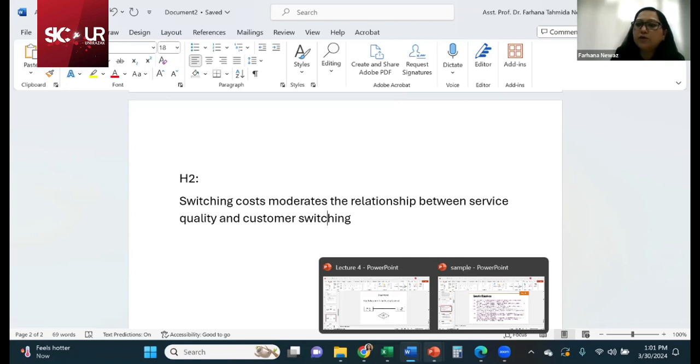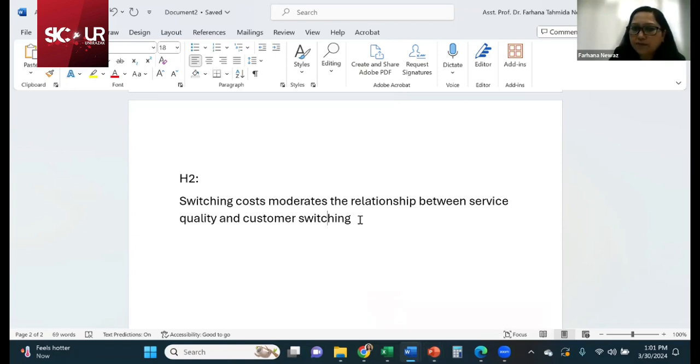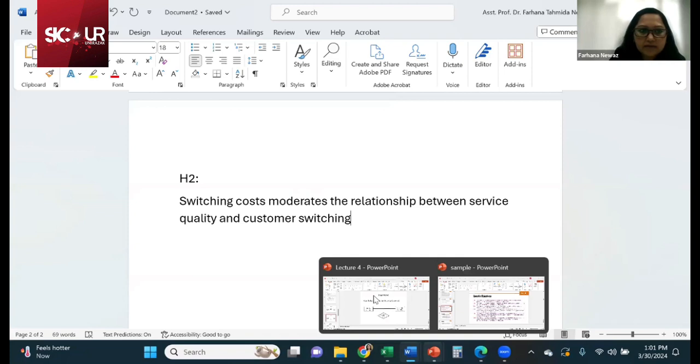If you want to do a comparative study, you can use those factors as a moderator to come up with it.